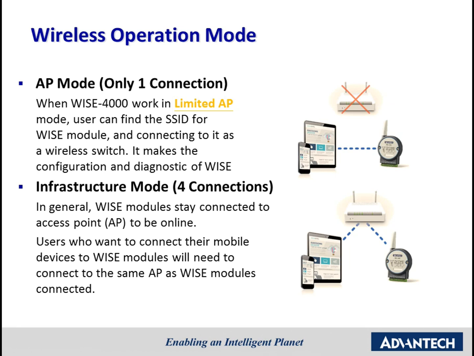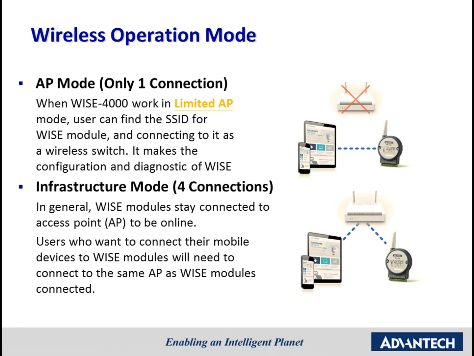In this mode, WISE is a limited AP which can only allow one connection because of its resource limitation. In this way, when you forget the IP address of the WISE module, you can put it in AP mode and then connect to it directly.